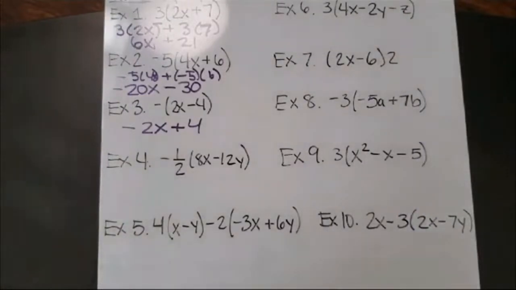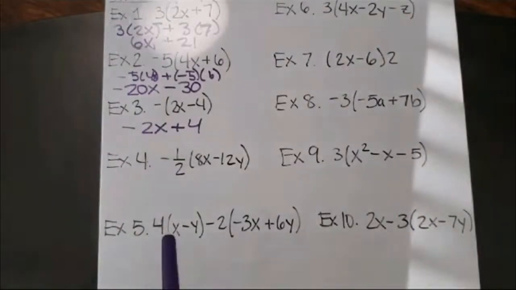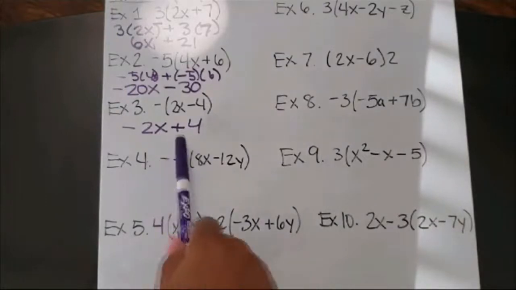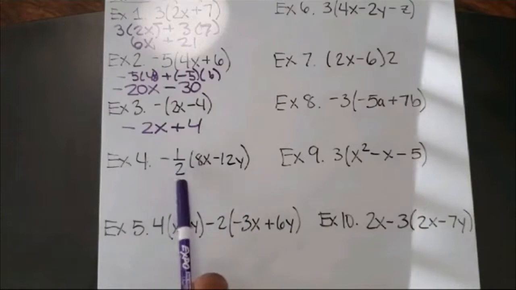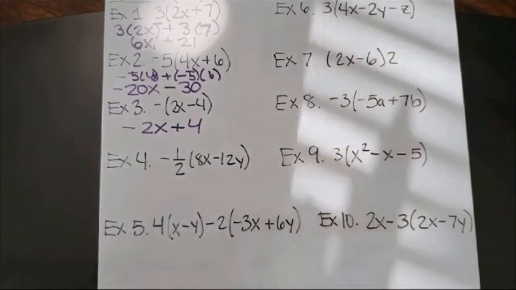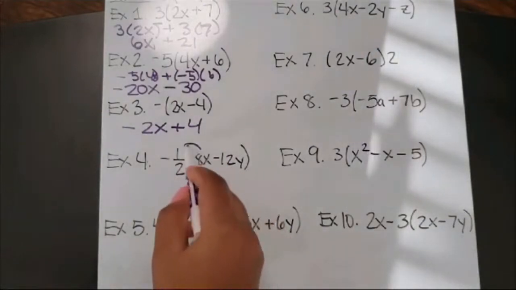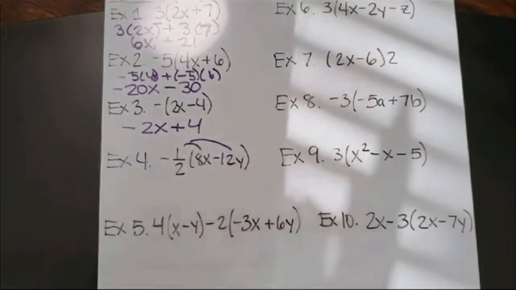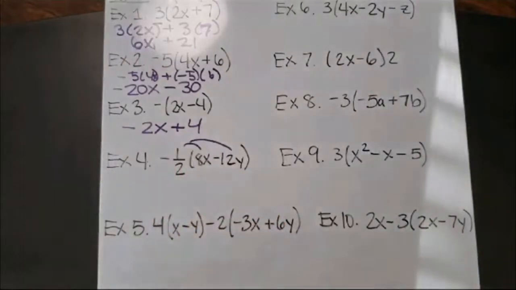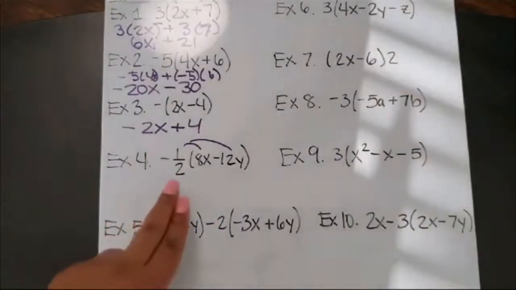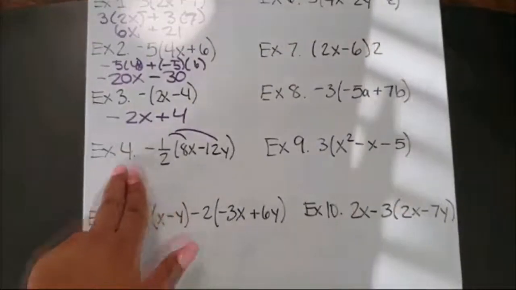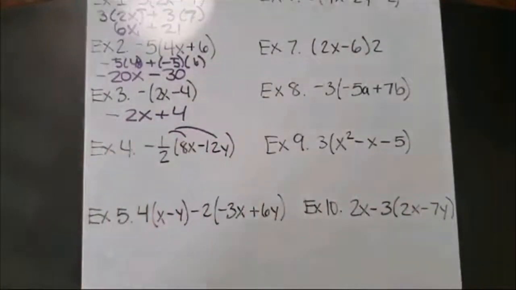For example 4, we have a -1/2 out in front, which means we have to multiply -1/2 by 8x and by -12y. But one thing I want you to notice about multiplying by -1/2, because this is a fraction, and fractions we multiply straight across.